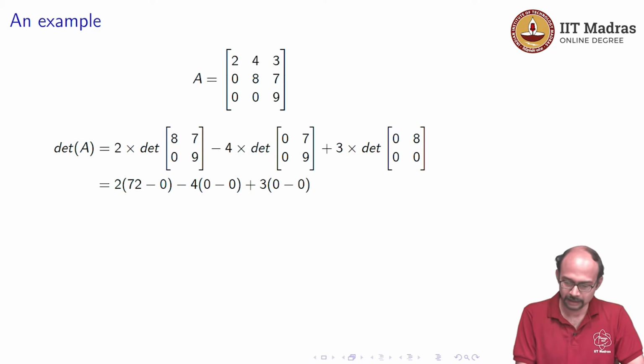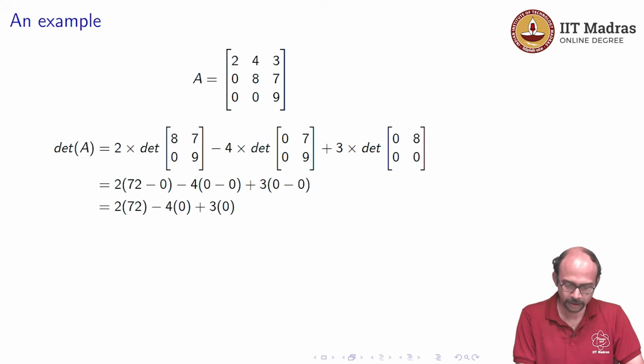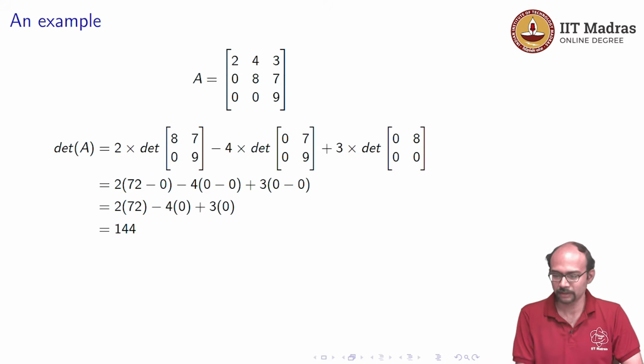Okay. And then if we work out what these are using the determinants of 2 by 2 matrices, we get 2 times (8 times 9 minus 7 times 0), which is 72 minus 0, minus 4 times (0 minus 0), plus 3 times (0 minus 0). So this is just 2 times 72 minus 4 times 0 plus 3 times 0, which is just 2 times 72, which is 144.